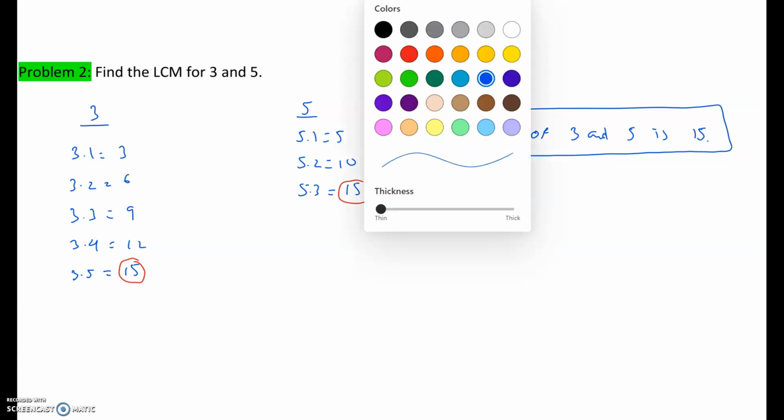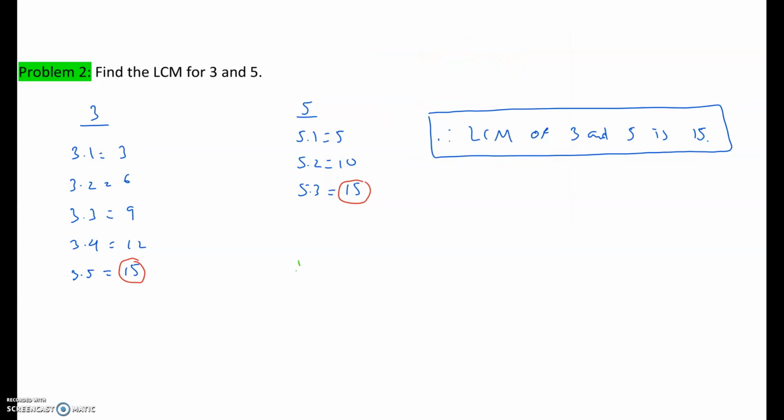Let me do the prime factorization on the side so that you see it. So technically 3, you're going to write it as 3, and then 5, you're going to write it as 5.